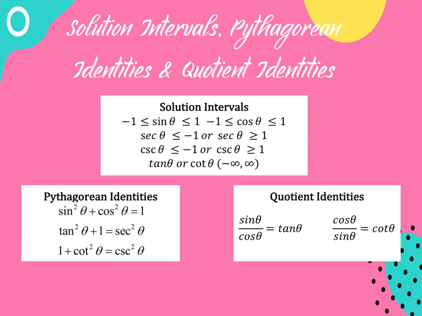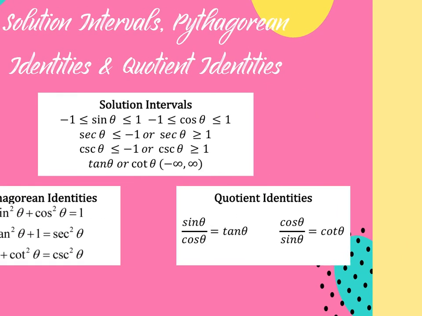So it's impossible, okay? So this row basically just means that cosine and sine can't be bigger than 1 or less than negative 1.